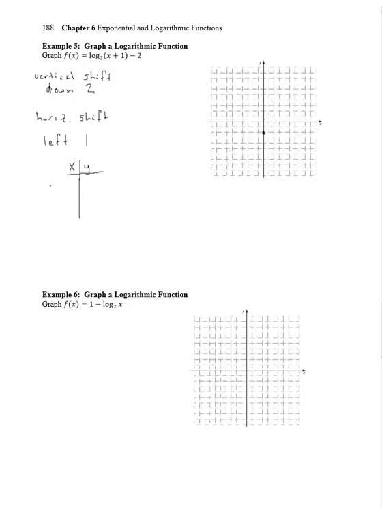I feel like I've gotten that in the wrong spot. Let's see. Nope, that's where it goes. My bad.